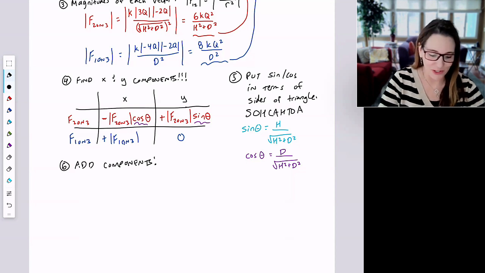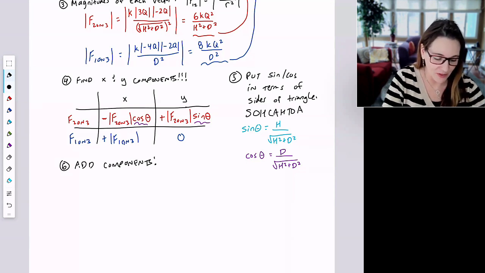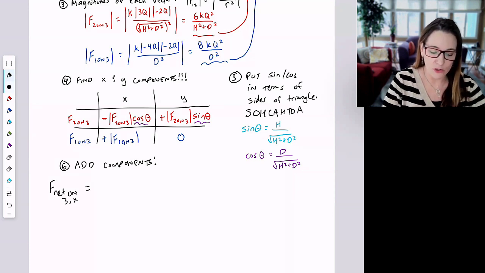And in order to do this, we just then get the net force on 3 in the x direction is going to be equal to, and we simply add up our x components here.